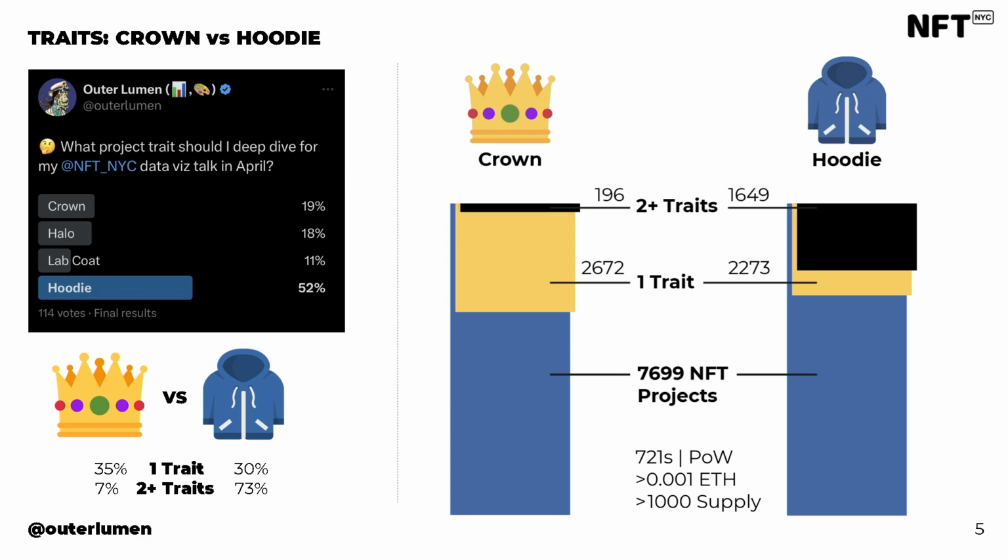Only 7% of projects actually had the crown more than once, whereas the hoodie goes wild, with lots of different designs, lots of different colors, so way more projects, like 1,649, ended up having different kinds of hoodies, whereas with the crown, there's only 196 in my data set that have more than one kind of crown. Let's go deeper.